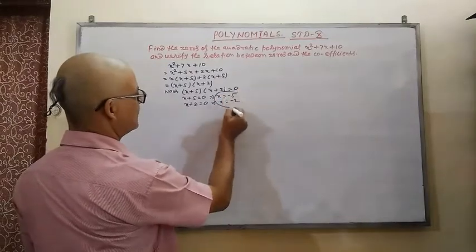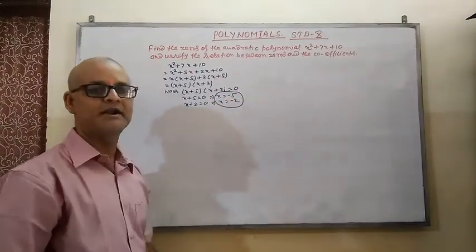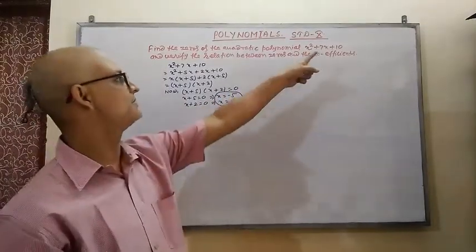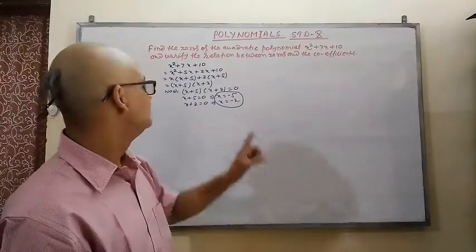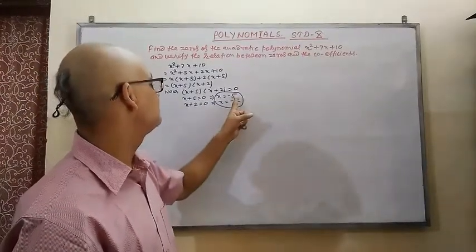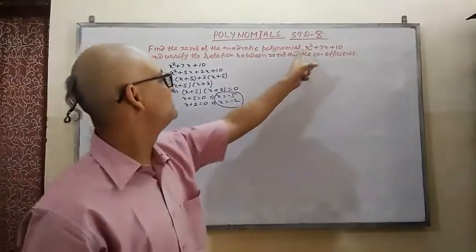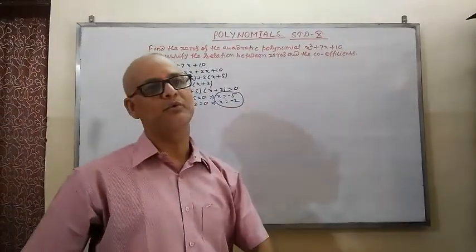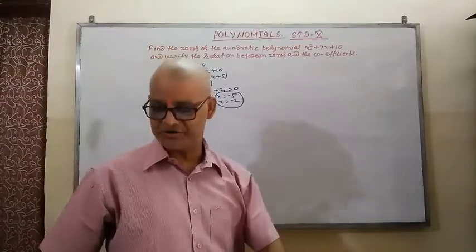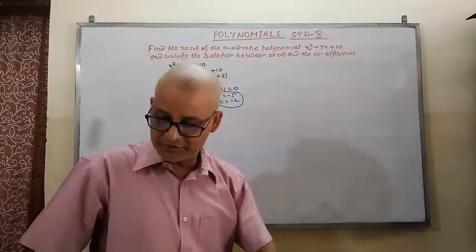Now these two are our zeros of quadratic polynomial x square plus 7x plus 10. If you substitute minus 5 and minus 2 separately in place of x, then this polynomial must be equal to 0, which is called zeros of quadratic polynomial.